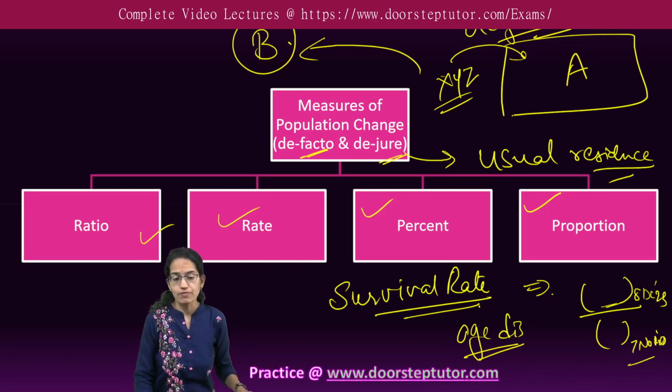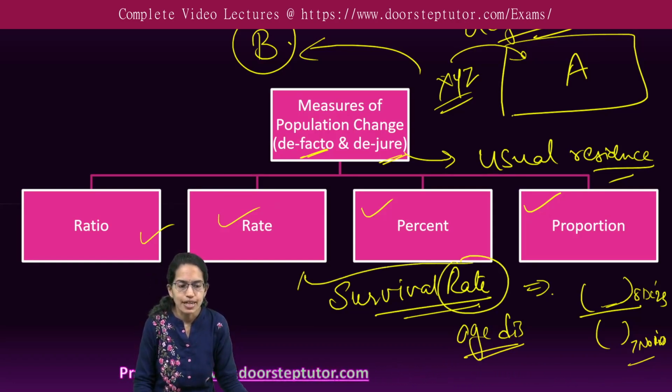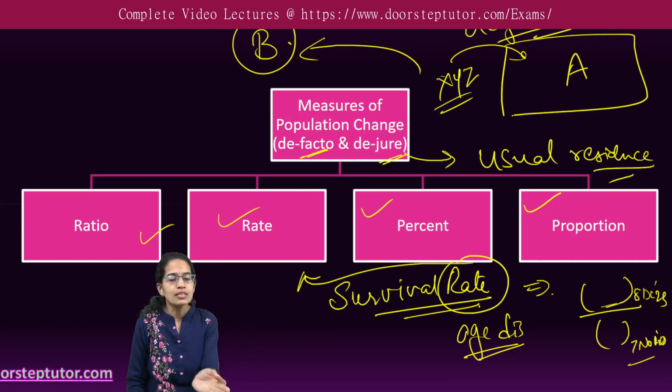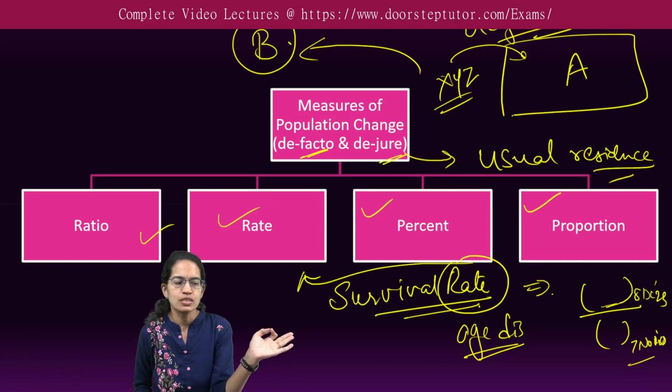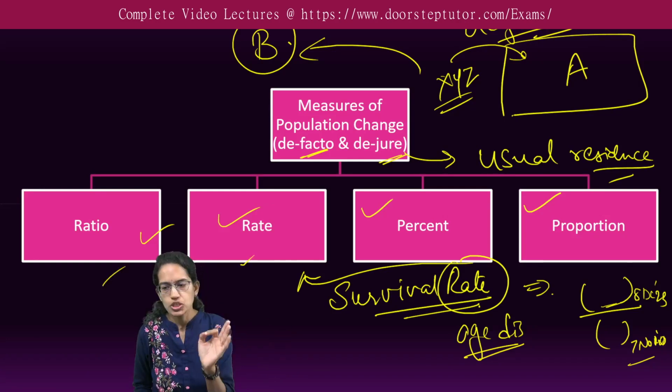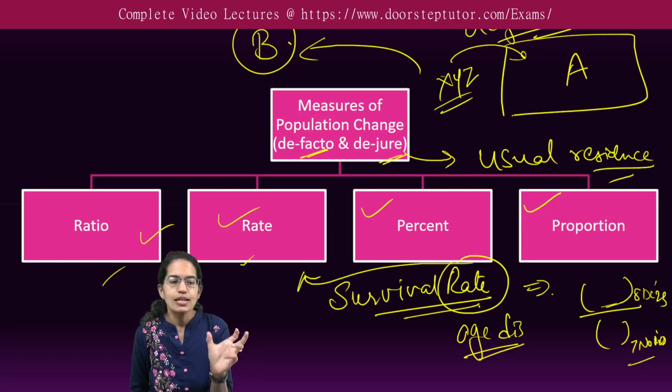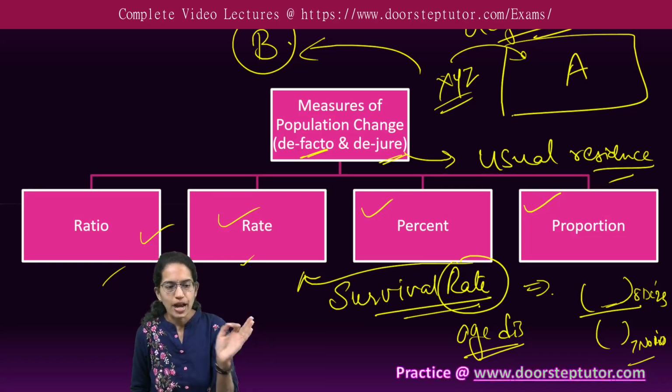Now this survival is a rate, right? Why I introduce it here is really important, and in a while we'll understand what is the difference between ratio and rate, which is really important to understand. But the sole focus for now is having a clear concept about de facto and de jure.